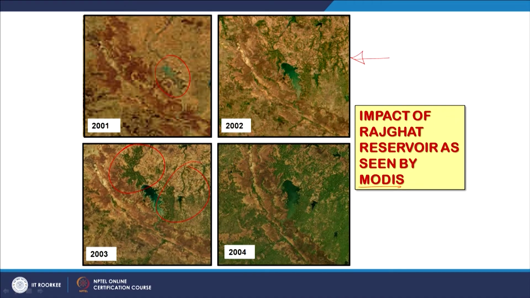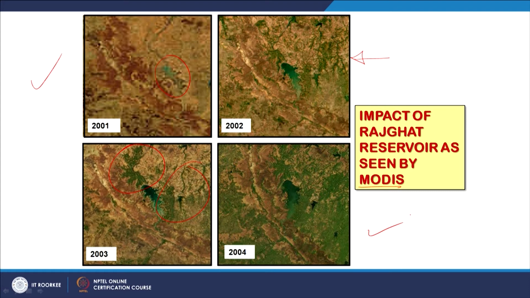When I was showing this series of time series images in some meeting, people said that for 2001 you might have taken a pre-monsoon image, and for 2004 a post-monsoon image, and then you are showing the differences.